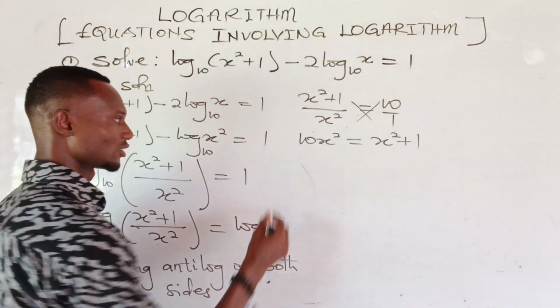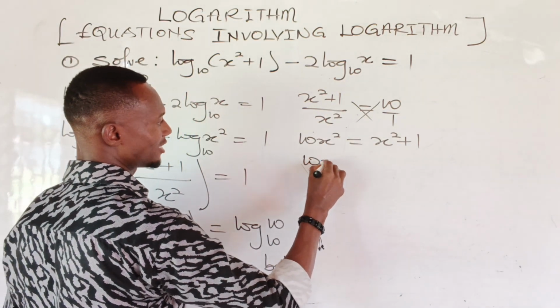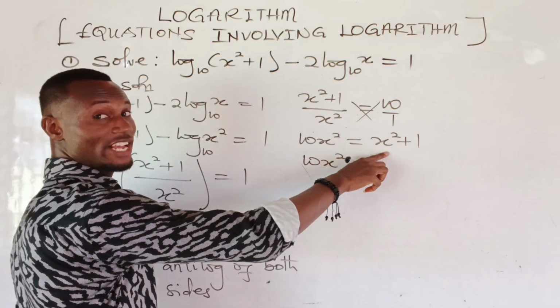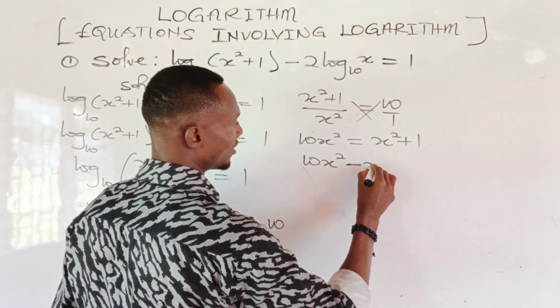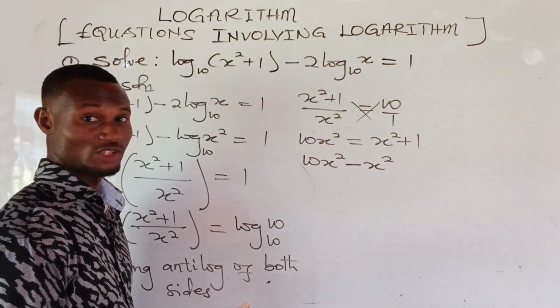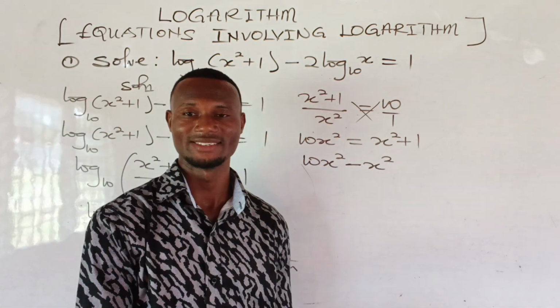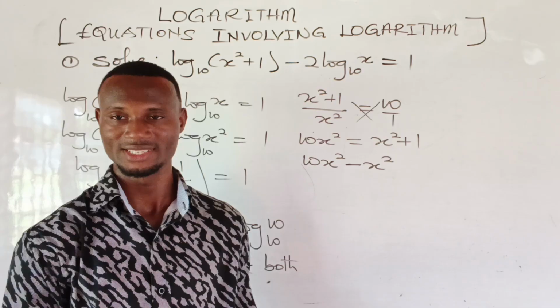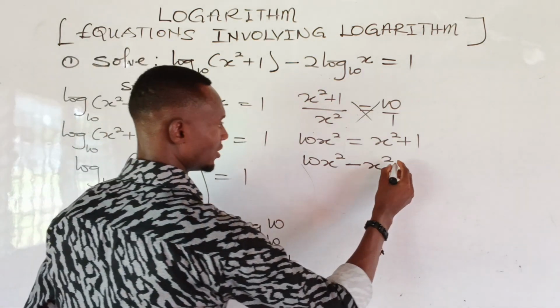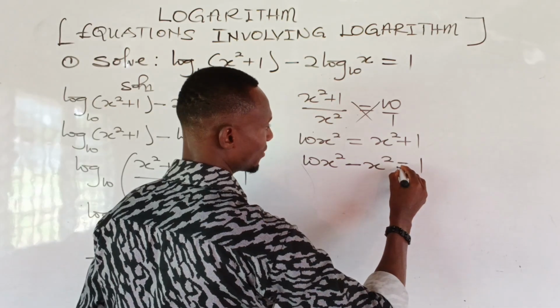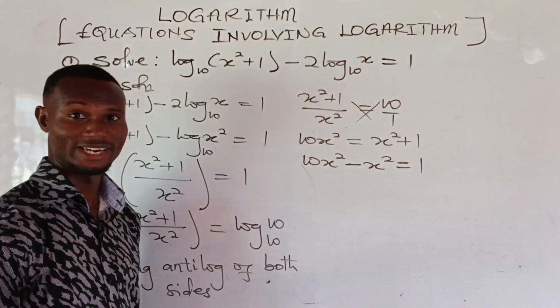Let's just group like things. So my 10s squared is here, and this s squared will cross the equal sign to come and join it. So it becomes minus s squared. Don't forget, when anything crosses the equal sign, the sign it has changes to the opposite. We've learned this under linear equation. Okay, so equals to my 1 which is there, and I hope you understand.